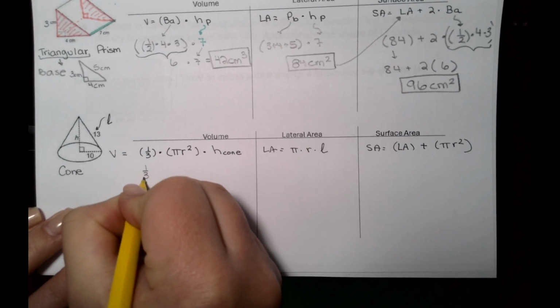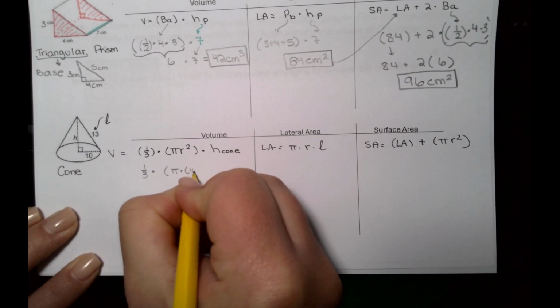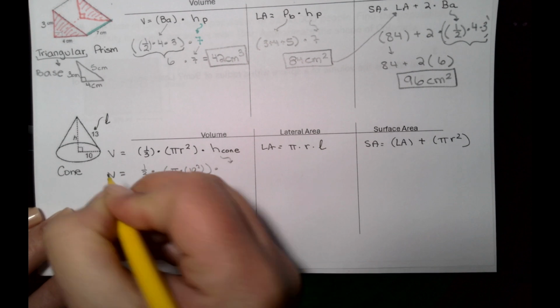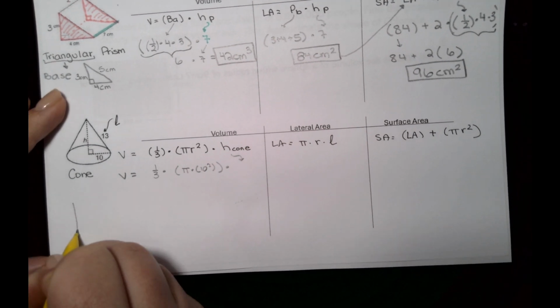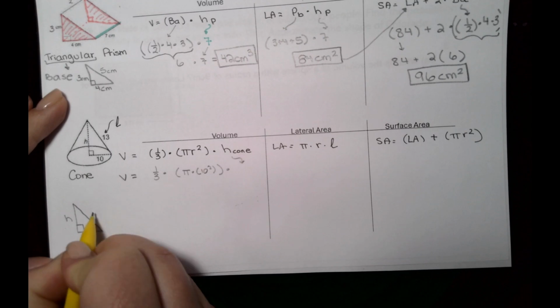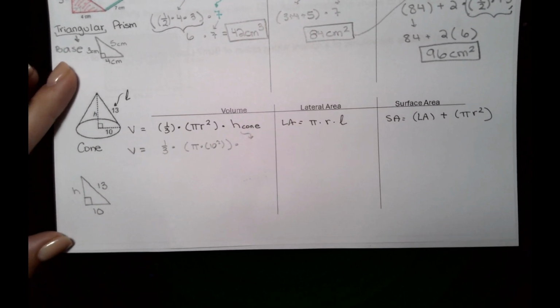So we got 1/3 times pi, our radius is 10, so 10 squared, times the height of the cone. Notice that we actually don't have the height of the cone. So once again, we're going to go into our previous knowledge and do the Pythagorean theorem. Now on the cheat sheet, I did write out the Pythagorean theorem for you.